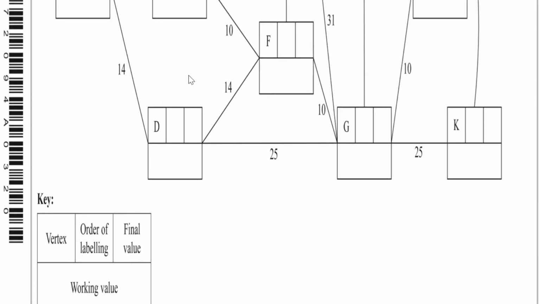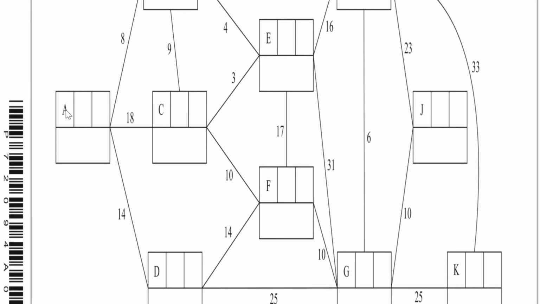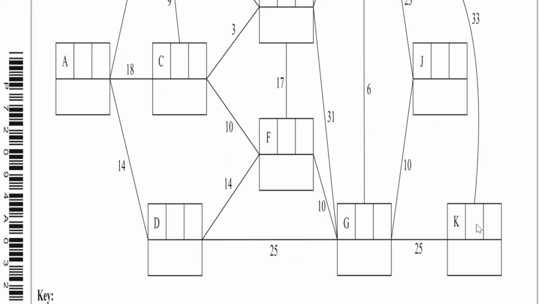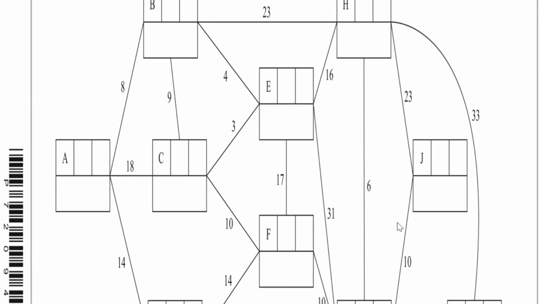So we start at A and we finish at K. So if we start at K, 0 will go in the working value, and so in the final value we will put 0, and the order of labeling will be 1.